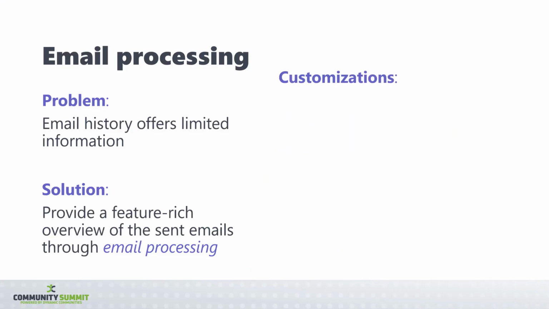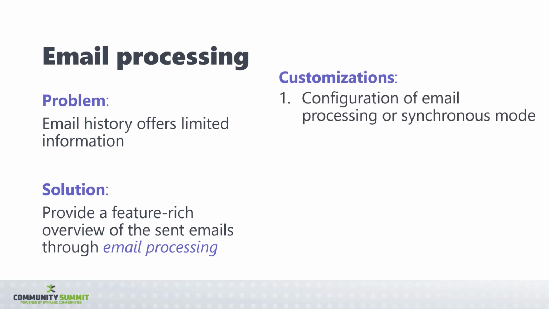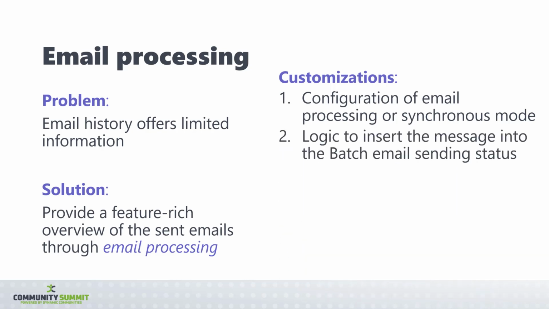So what are the customizations that you need? Maybe you will want to have a configuration based on which you would say if the email message will go in asynchronous mode, so directly or through this email processing, or if you want to apply it to every email without any excuses, then you would hard code that information.